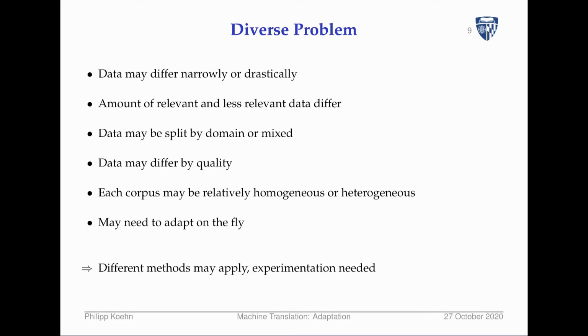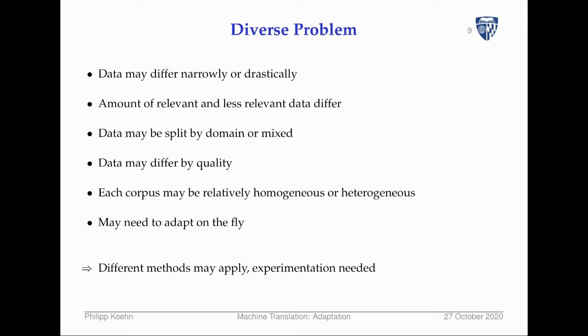So the data we may have may differ narrowly or drastically. The parallel corpus collection I showed you has corpora that have fairly drastic differences in domain and all these characteristics as we defined them. But you could also think about European Parliament proceedings, some news commentary text, and so on.